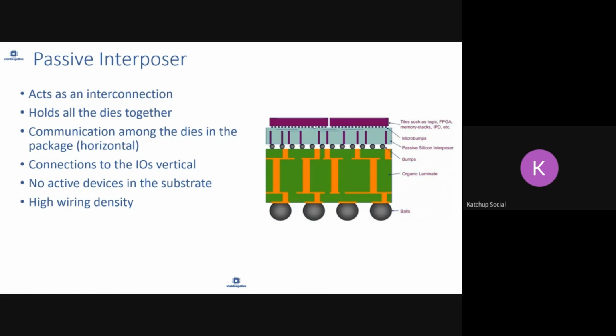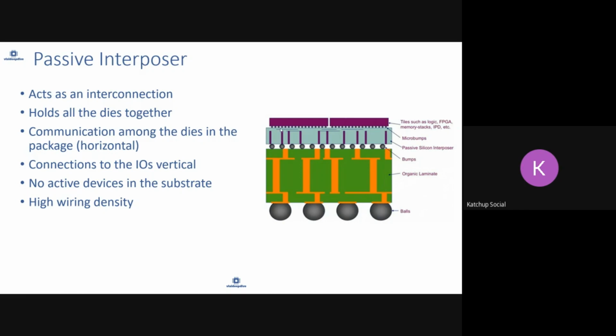It allows communication among the dies, and that communication happens horizontally. Vertically, it's also connected to the IOs, the outside world. The connection is done using vertical IOs, through silicon wires, TSVs. There are no active devices in the interposer or in the substrate.